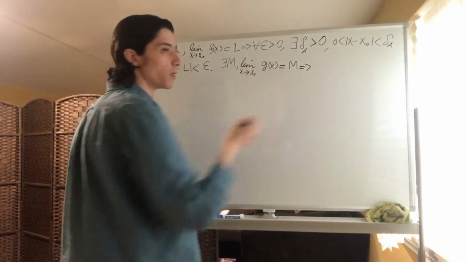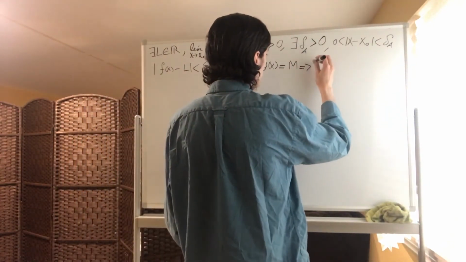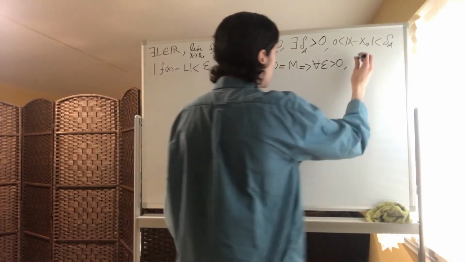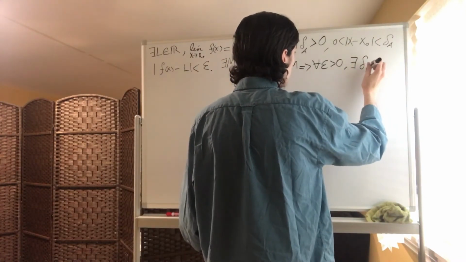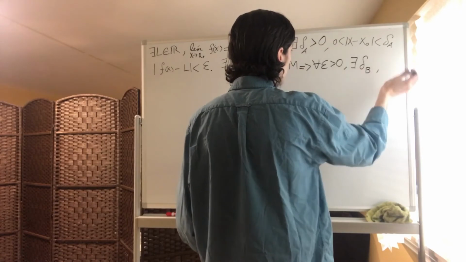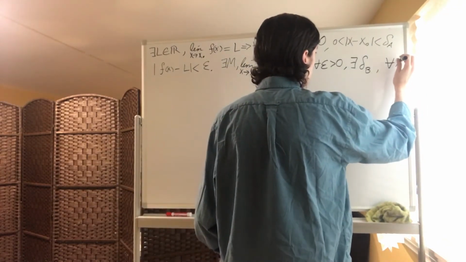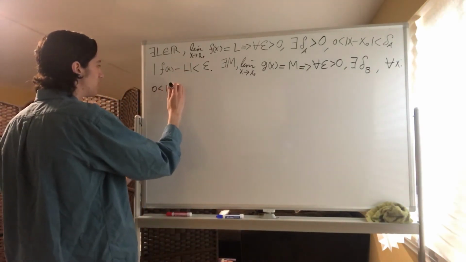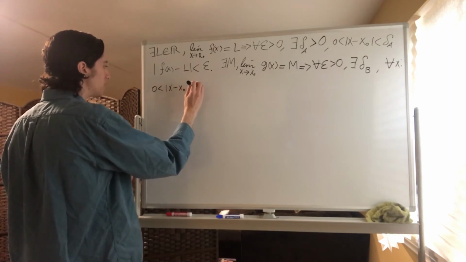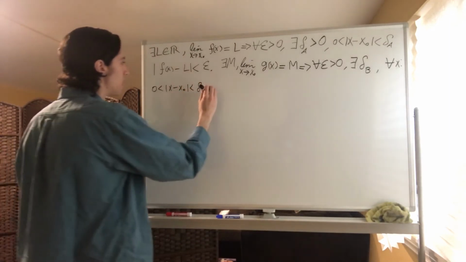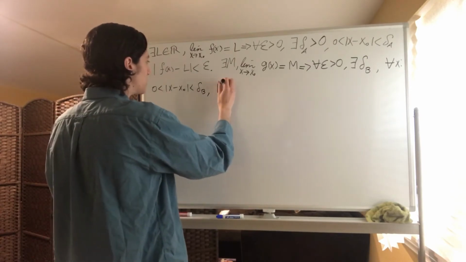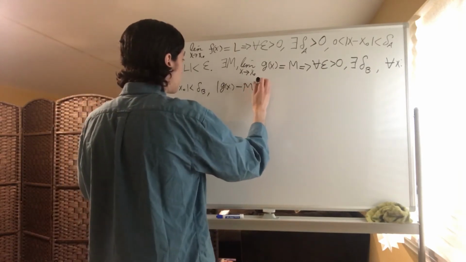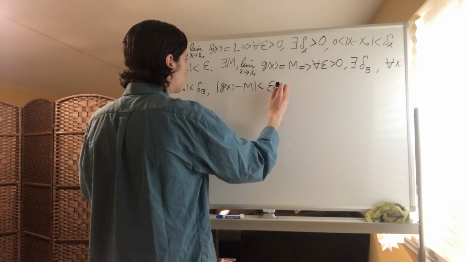So this implies the following, that for all epsilon greater than 0, again, epsilon is an arbitrary distance, there exists a delta, and we can call this delta b, such that for all x, whenever 0 is less than the distance of x and x naught, which is less than delta b, this implies that the distance between our function, in this case g of x, minus m is less than epsilon.